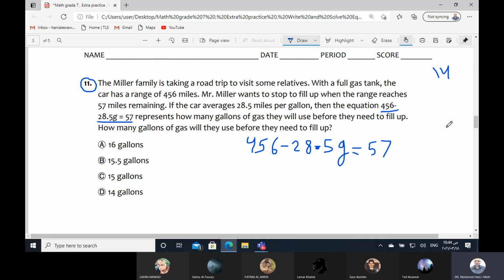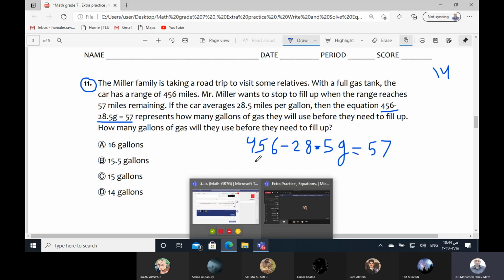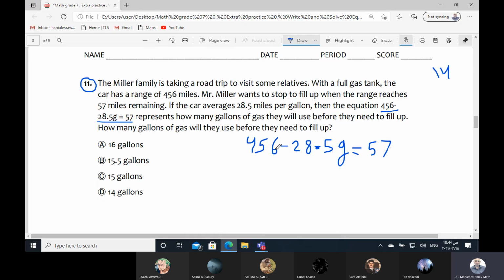Okay, check with me, please. The first step, we want to remove 456 to keep the variable alone.